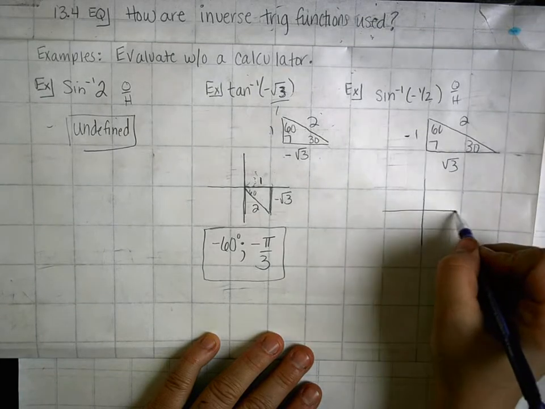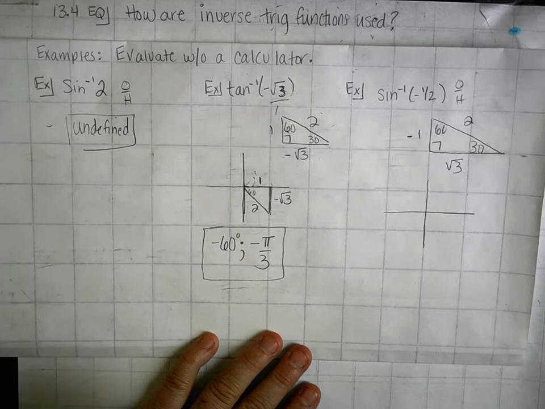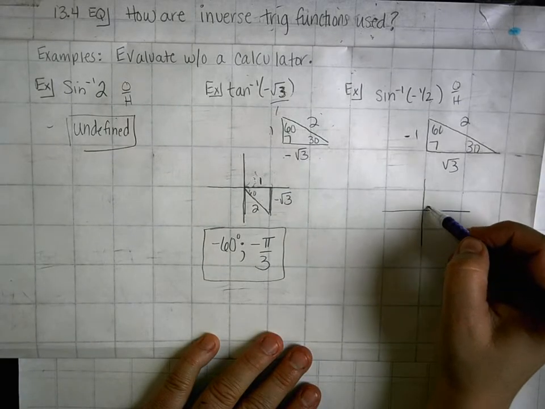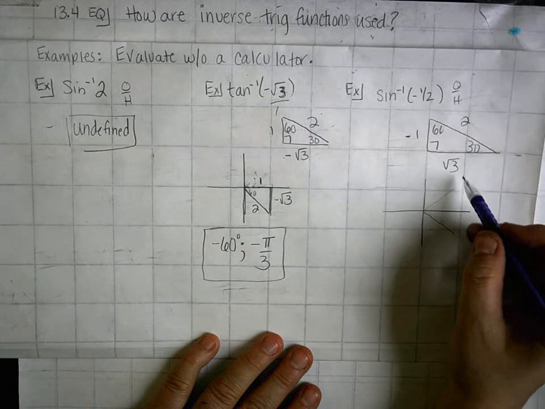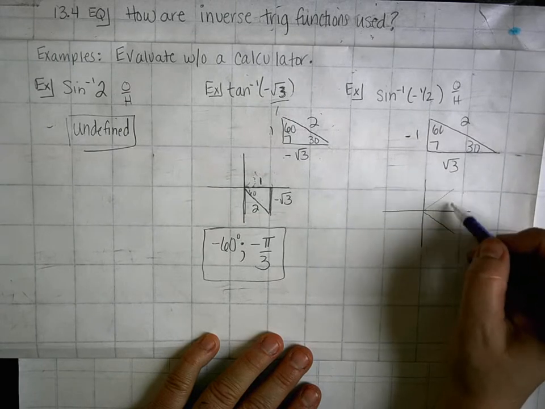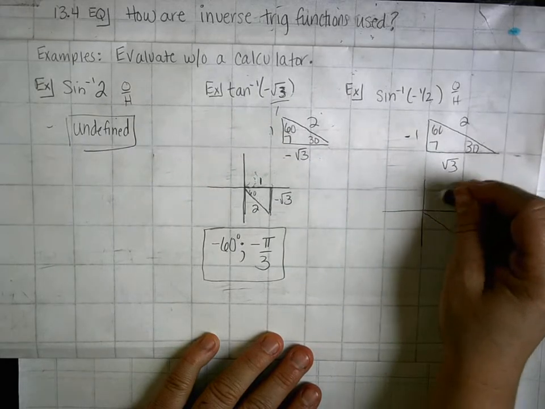So when I draw my coordinate plane, I know that I'm talking about either an angle in the first quadrant or the second quadrant. Okay? And I know that the sine is always positive in the first quadrant, so I'm looking for something in this fourth quadrant.